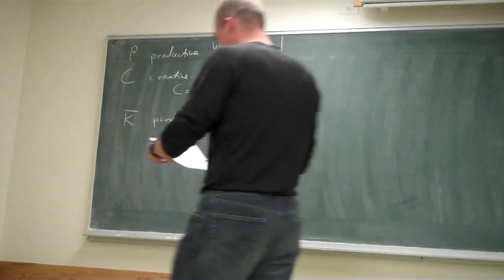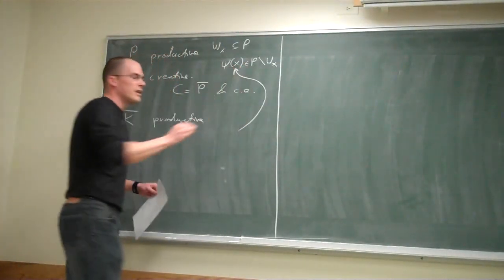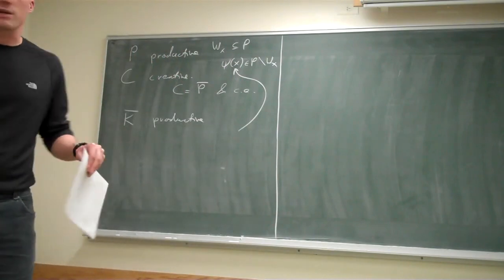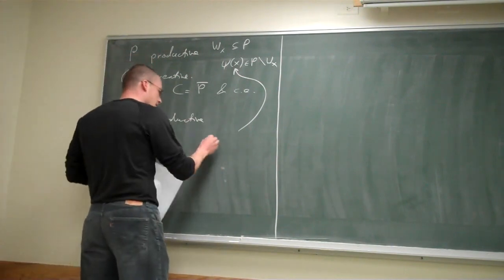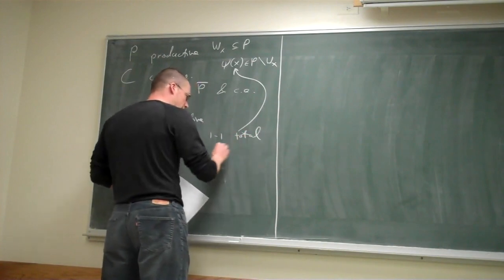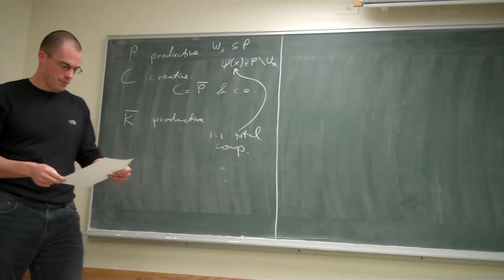and we noticed that this function, the definition says that this is just some partial computable function, but then we discussed a theorem which showed that really it can be assumed to be 1-1 total and computable.